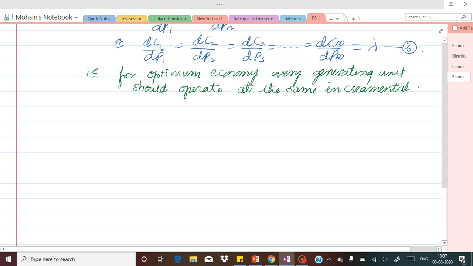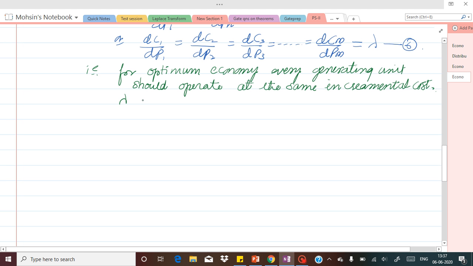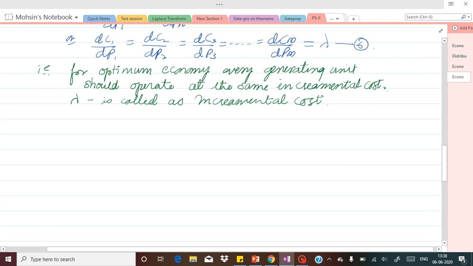I'll write it as incremental cost. Okay, that lambda represents the incremental cost. Lambda is called the incremental cost, in rupees per megawatt hour. Okay, so that is what it is.